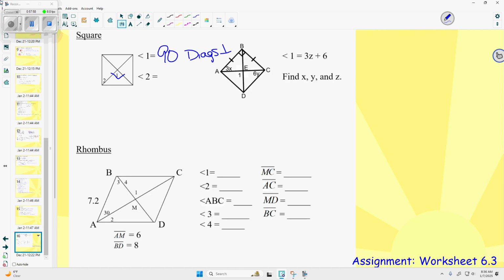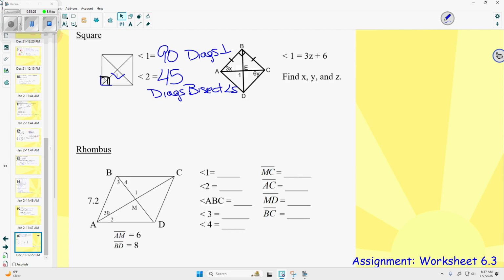How much is that whole angle? 90. I heard it back there. 45. Your diagonals bisect your angles. So you had to cut that 90 in half. So you had to recognize it's a square. It gives you 90-degree corners. We cut that one in half.